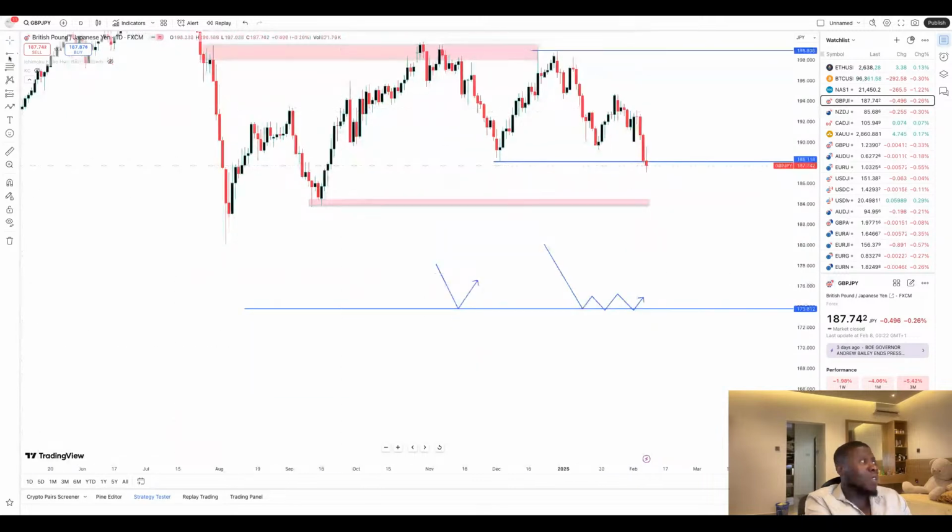If price is coming to your resistance, let's say this is my resistance, and it starts stalling, it's always best to exit this market. This market is likely going to go upwards. There is no guarantee though, but whenever price is stalling at an area of resistance, it's better to exit.